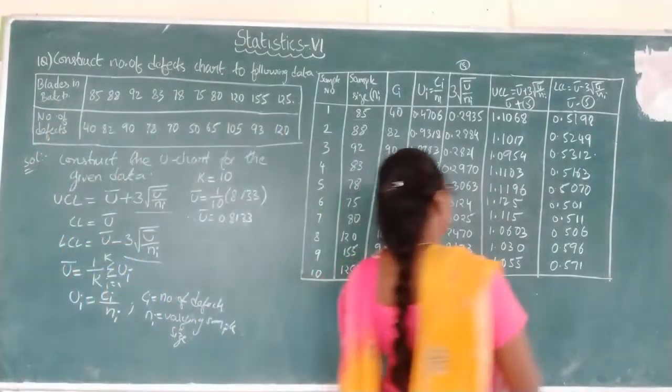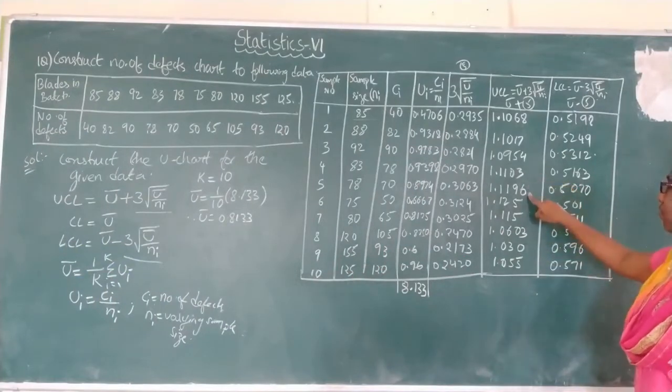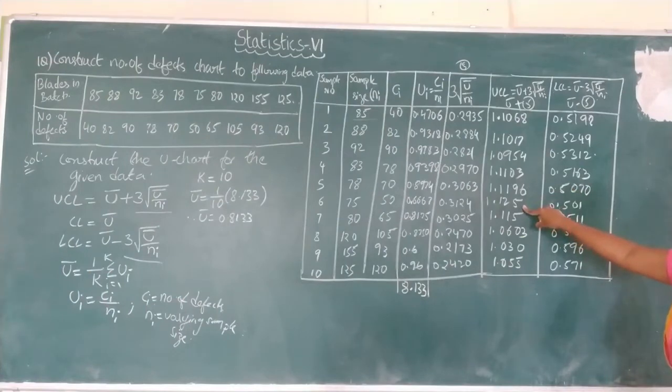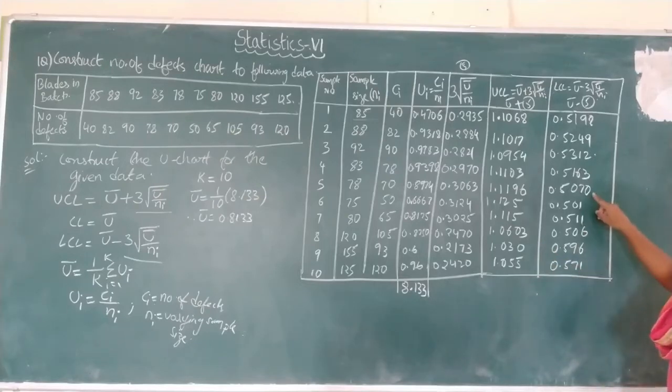If you are not able to see, I'll read out the values I have calculated. That is UCL value corresponding to sixth sample is 1.125, next 1.115, next 1.0603, next 1.030, 1.055. Next LCL values corresponding to sixth sample is 0.501, 0.511, 0.506, 0.596 and 0.571.